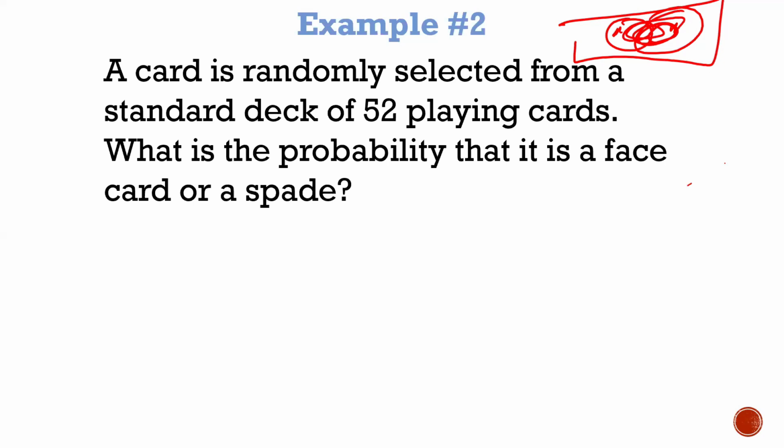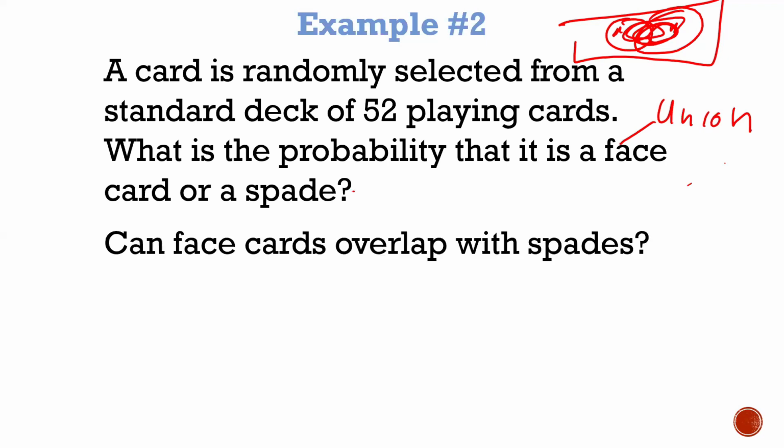This is the union. So "or" always means union. This is something I just showed you. But are these considered overlapping events? Drawing a face card and drawing a spade, are they overlapping or not, class?